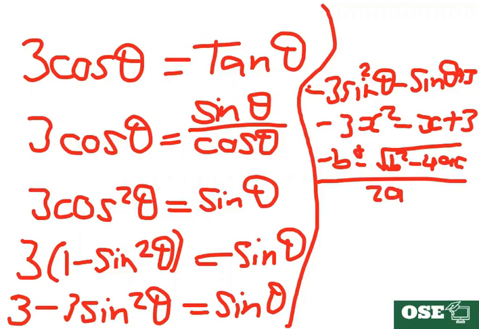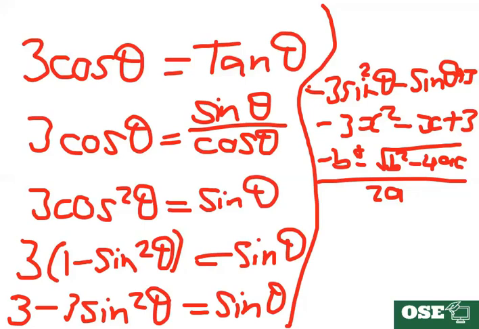Can you see? So we're dealing with basically a quadratic equation. So when you solve for this, let me calculate. Minus b, so 1 minus square root of 1 squared minus 4.